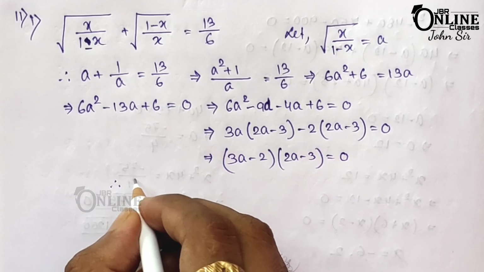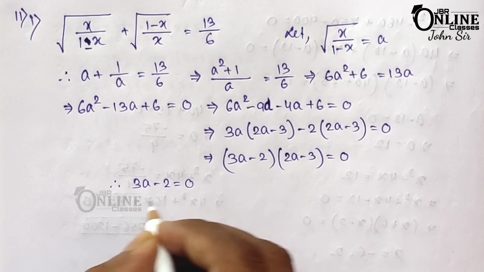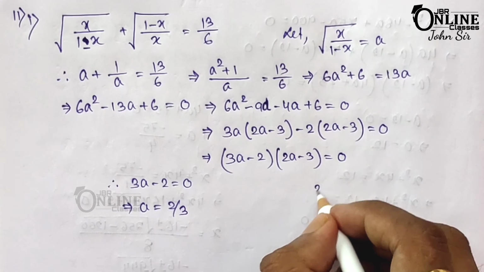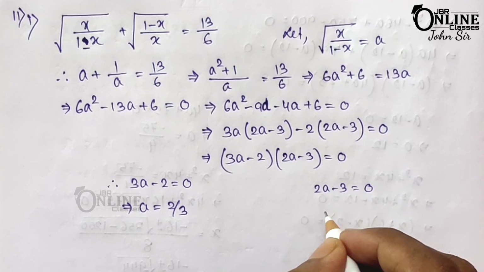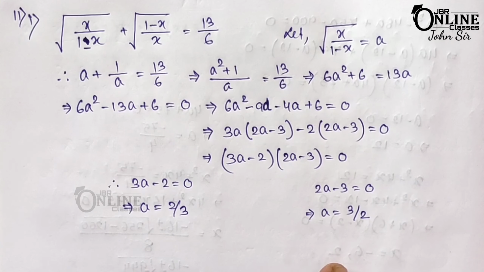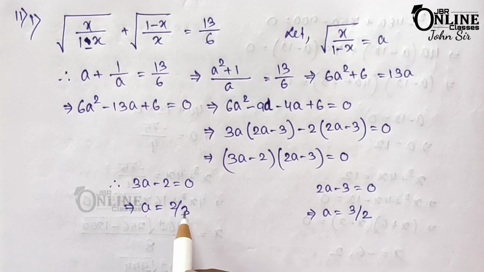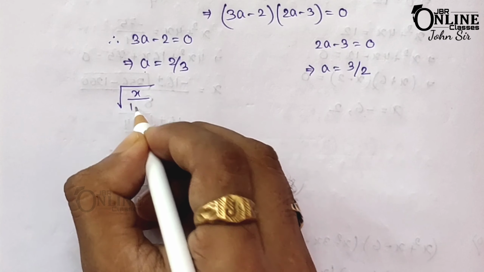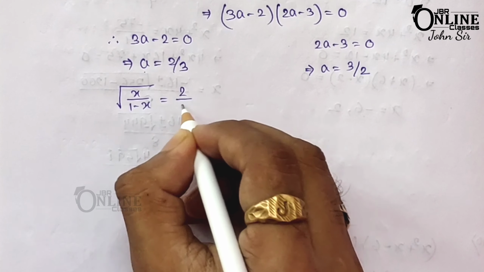So from that, 3a minus 2 equals 0, so a equals 2 by 3, or 2a minus 3 equals 0, therefore a equals 3 by 2. Okay, so if a equals 2 by 3, then just put down the value. So root over x by 1 minus x equals 2 by 3.